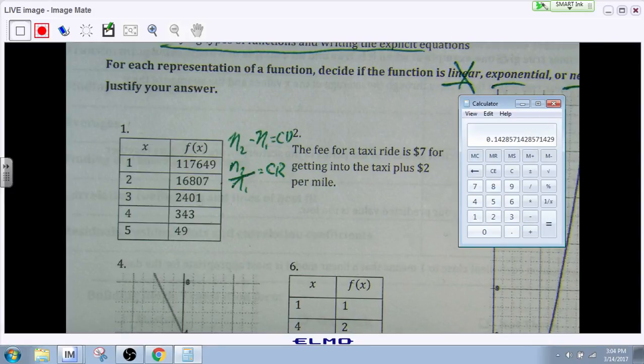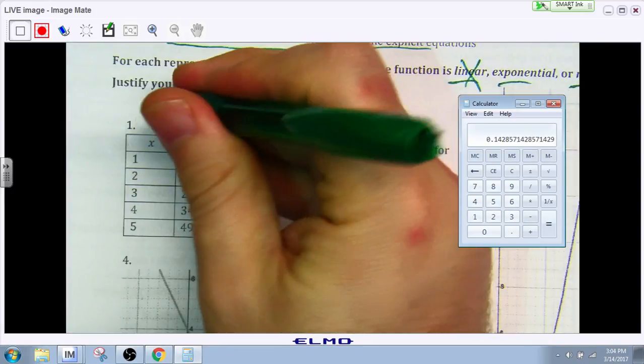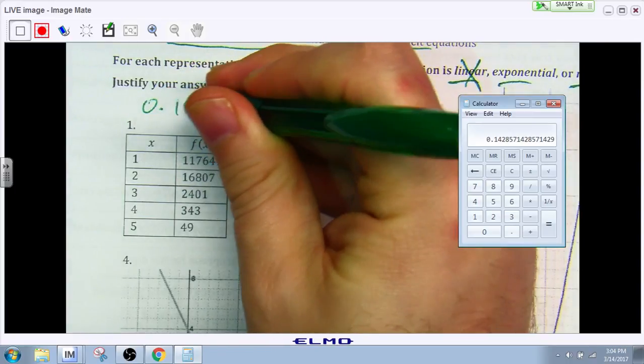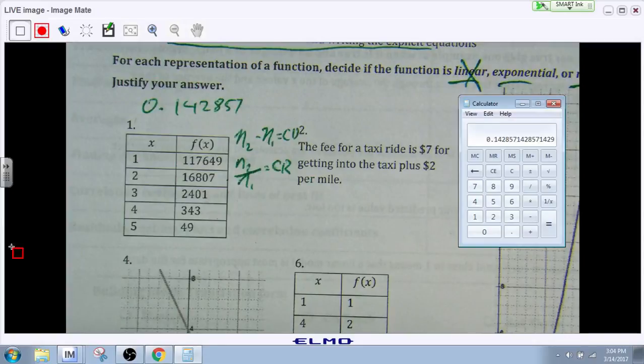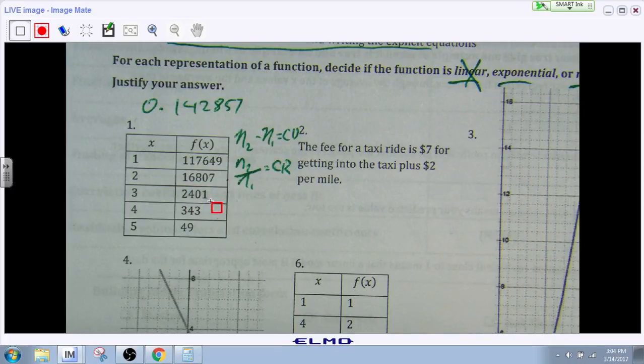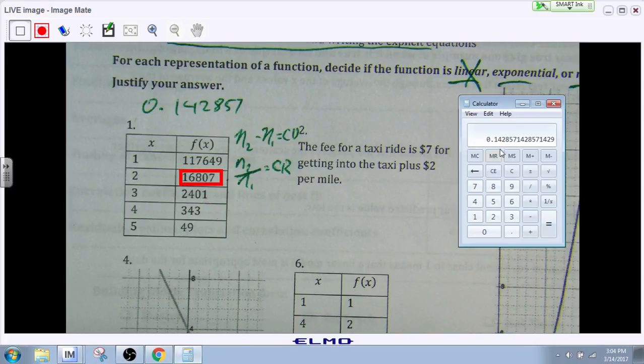I get this really tiny number, 0.142857, whatever. Now, if this number were to be multiplied by 2 here, if I were to take this number and multiply it by 2, it should be my 3.